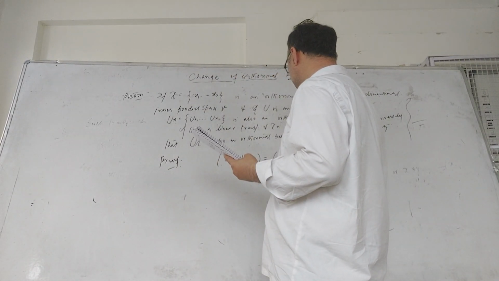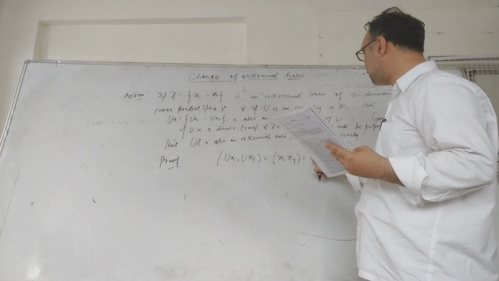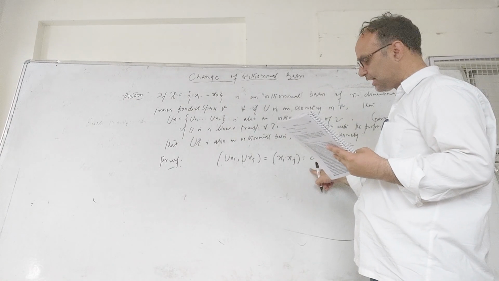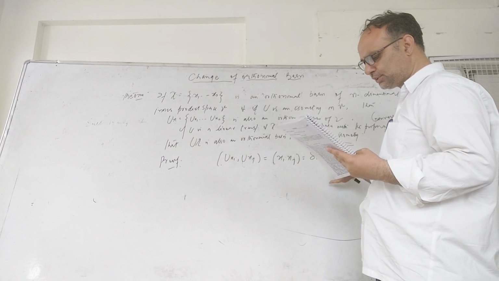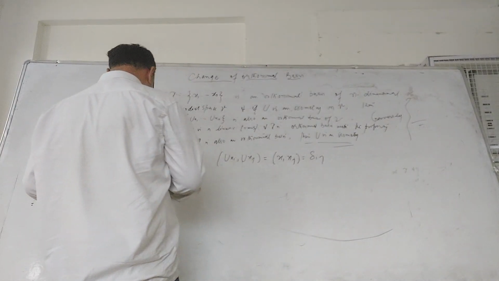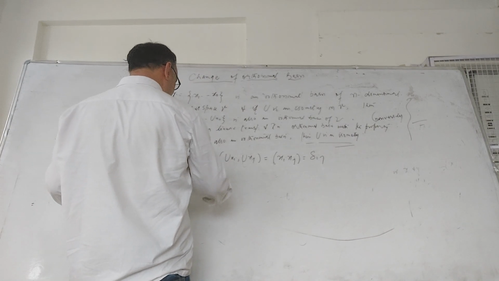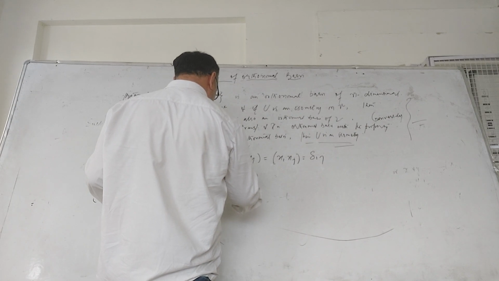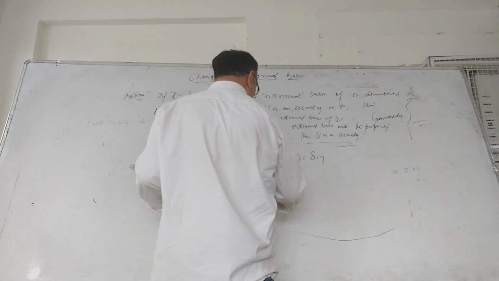These are the elements xi, xj. Here is how we define an orthonormal basis: the inner product is 0 for i not equal to j, and for i equal to j it has some value. So it follows from this that U applied to the basis is an orthonormal set along with the original.